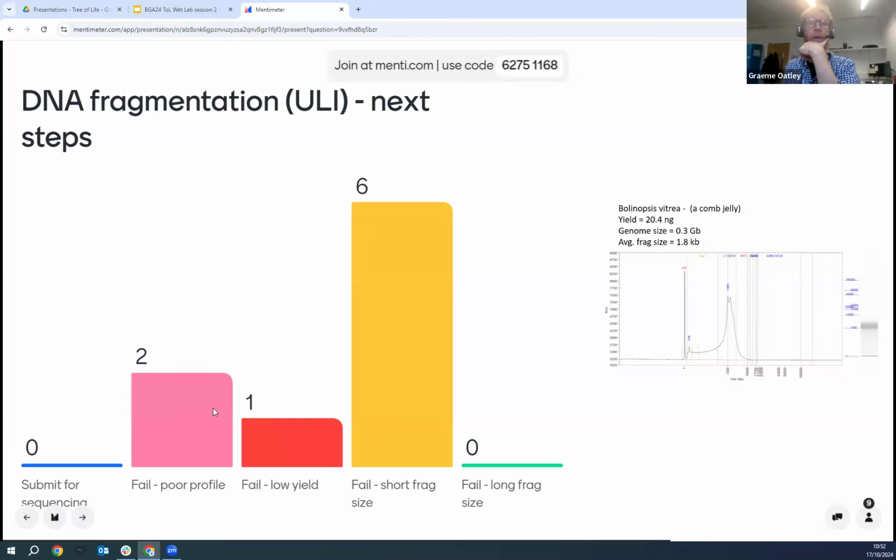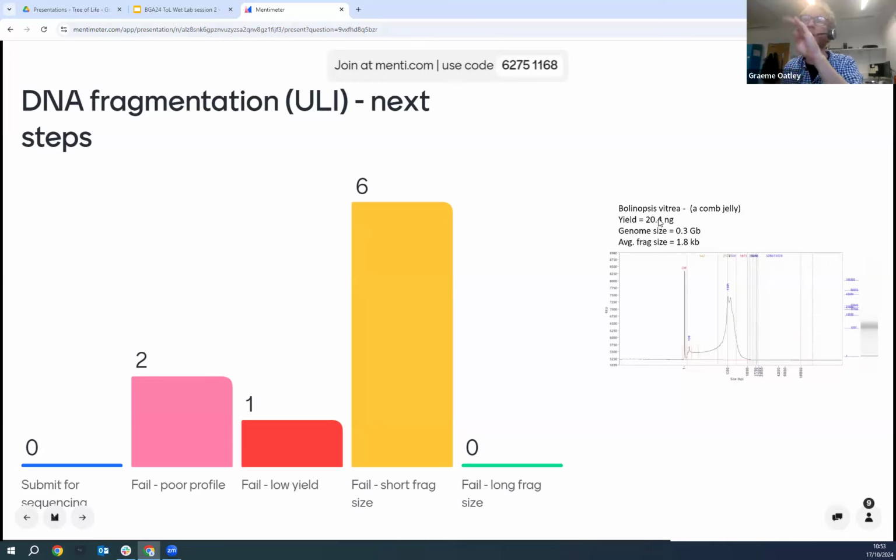Yeah, so everyone's responded as a fail, and that is correct. As a technicality, for fail low yield for ULI, this yield is fine, so that wouldn't be the reason we would fail it.